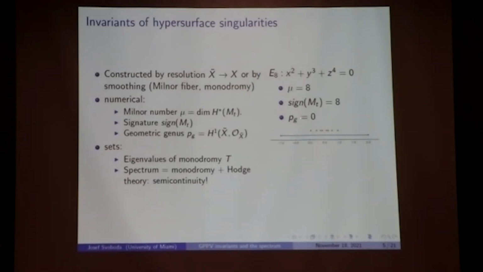And in fact, those are kind of related. And here is the spectrum. So if you want to know the eigenvalues of the monodromy, just take these. I hope you can see that there are 8 numbers in the interval -1 to 2. So if you would take e to the 2 pi i and these rational numbers, you would get the eigenvalues of the monodromy.